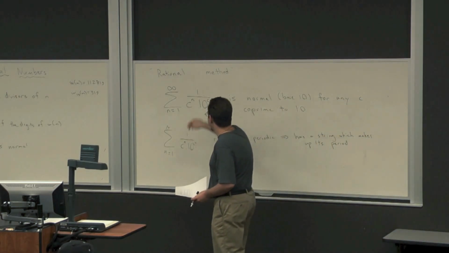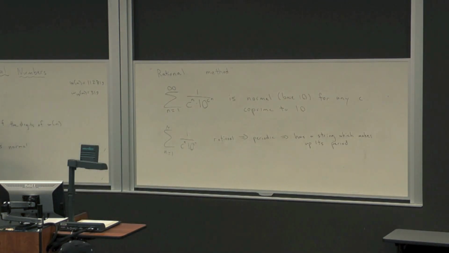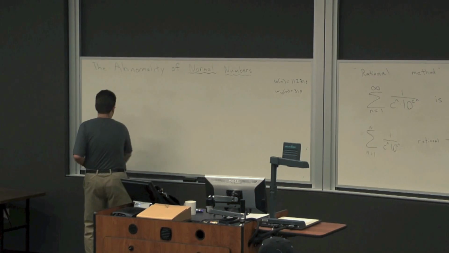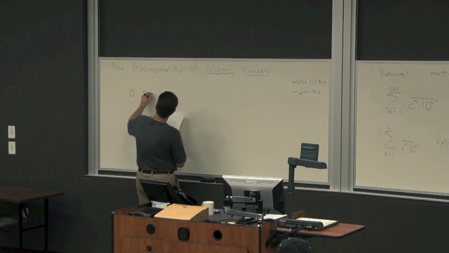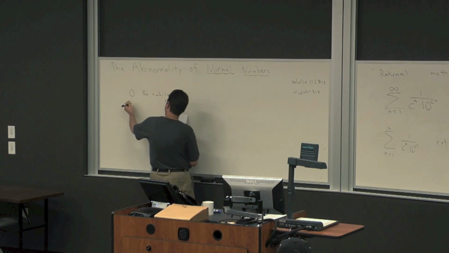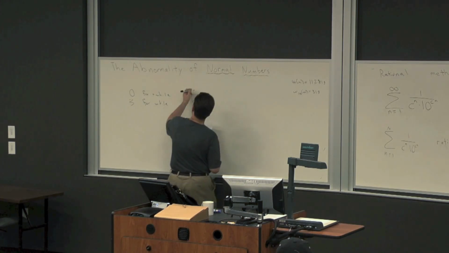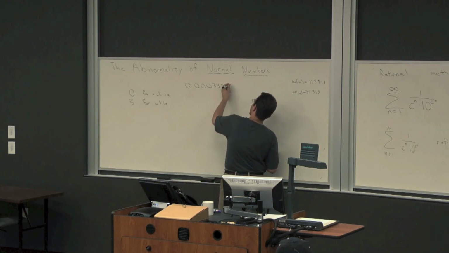So for example, with this one, if you actually look and see what are the various strings it's going to be composed of? Well, first off, you get 0 for a while, then you get 3 as a period for a while. So the actual number looks something like 0.000333.